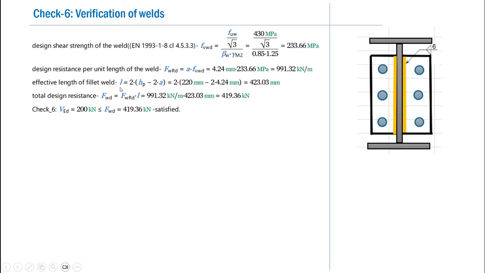So the effective length of the fillet weld can be obtained as 2 into HP minus 2A, because for every side of the weld we subtract 2 times the throat thickness for the calculation of the effective length of the weld, and here 2 means we have got 2 welds on each side of this beam web. Finally, we obtain the total design resistance as 991.32 multiplied by 423, that is 419.36 kilonewton, and this is much higher than 200 kilonewton. Therefore, the weld verification is also passed.